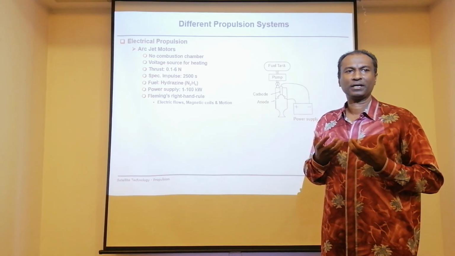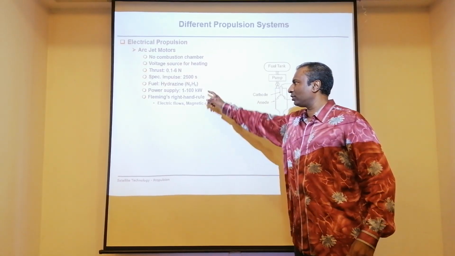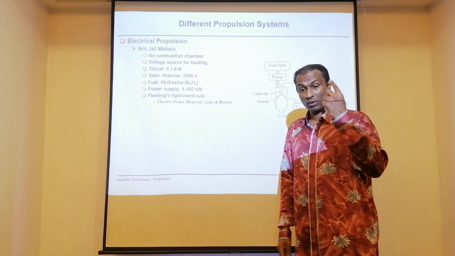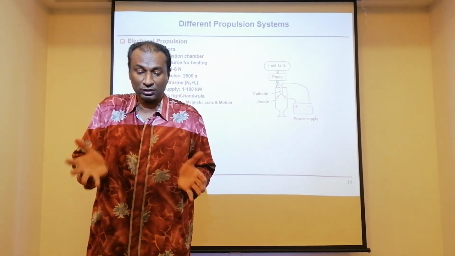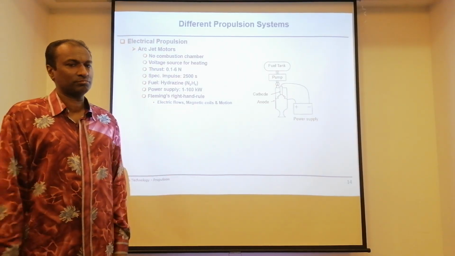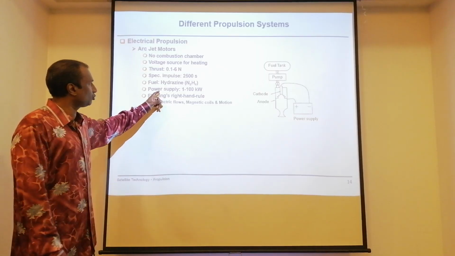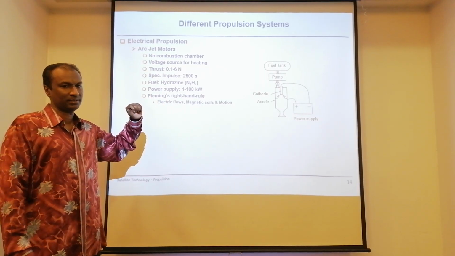You need a lot of electrical power. In terms of kilowatts, even 1 kilowatt is almost needed for a 500 kilogram satellite. So it's a showstopper, always a very high amount of power supply needed.